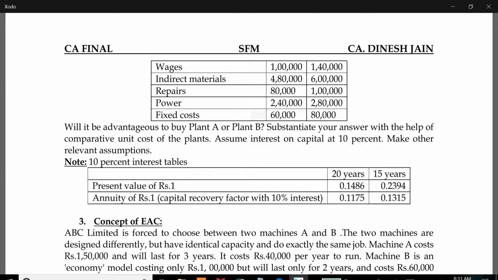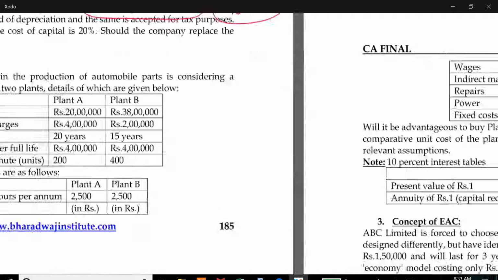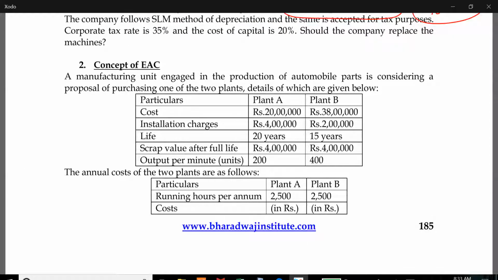Is there a tax rate given in the question? Anywhere any tax rate given in the question? Any information on taxes? Okay, listen. If they give tax, then I'll calculate depreciation. If the tax is not given, there is no point of calculating depreciation, because the purpose of depreciation is to compute tax.